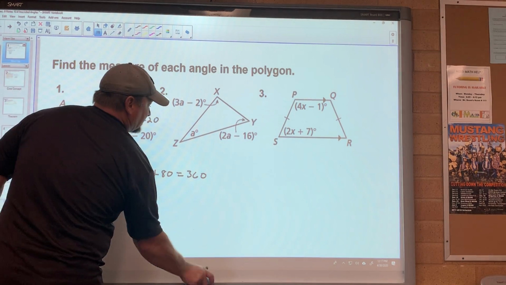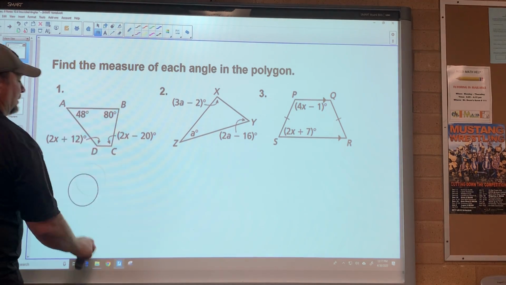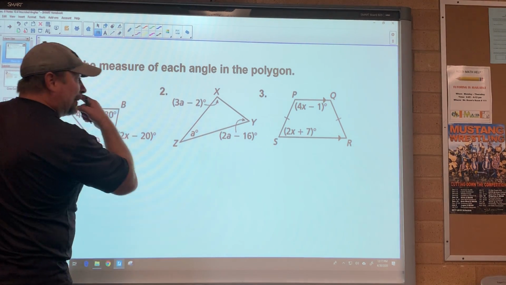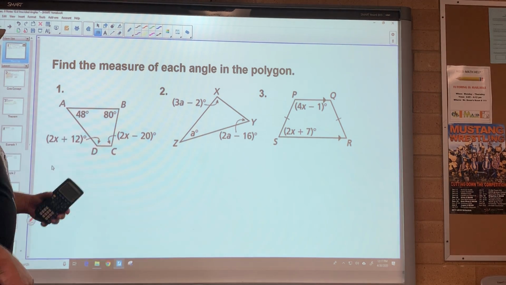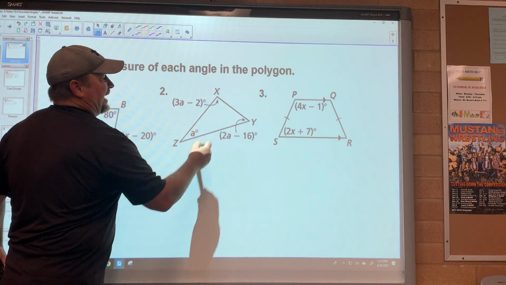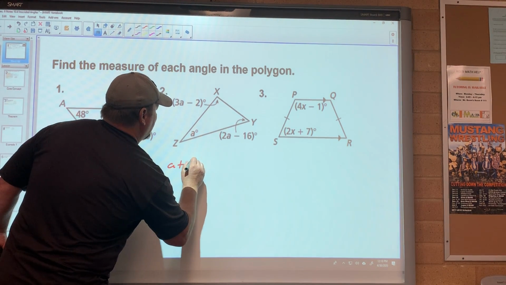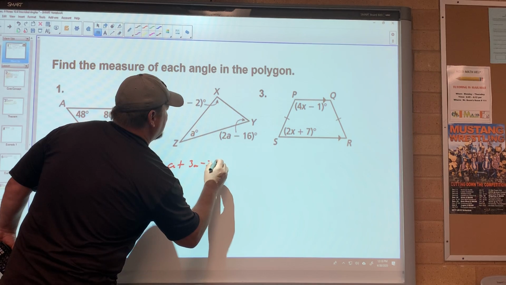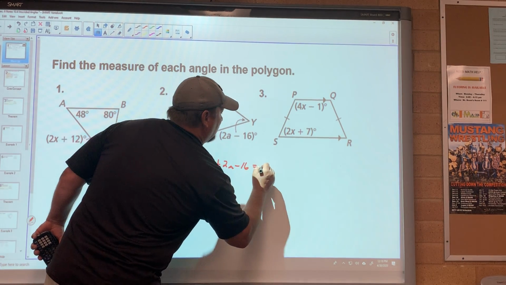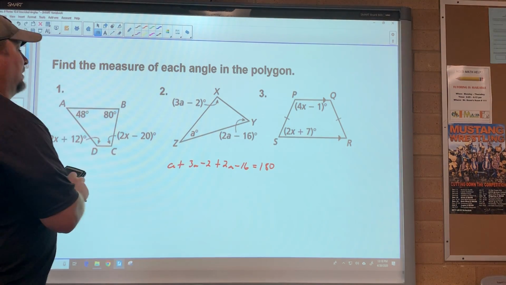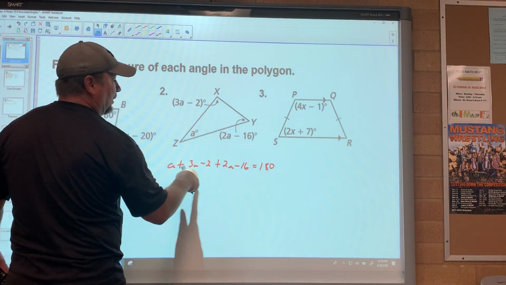Okay, we're going to hurry and do this one because it's a different shape. This one is a triangle. We've learned that all triangles' angles have to add up to 180 because it's a three-sided shape. So A plus 3A minus 2 plus 2A minus 16 will equal 180, and we'll do the same thing. We'll add up all of our A's: 1, 3, that's 4, 5, 6.